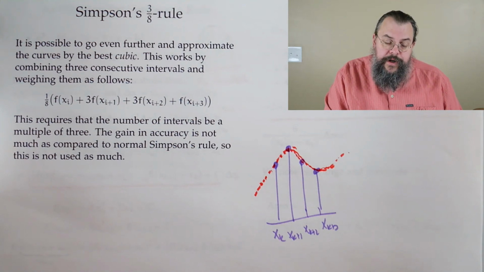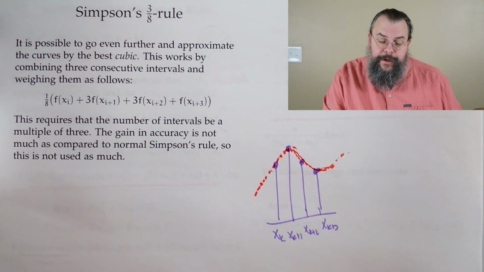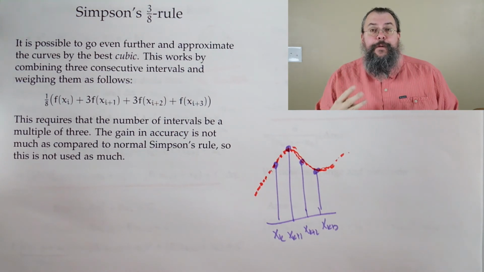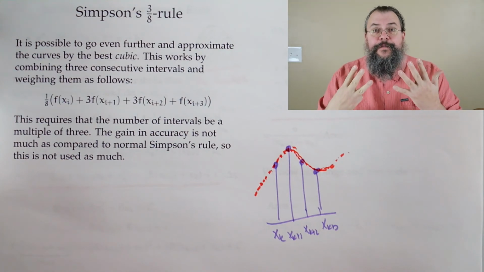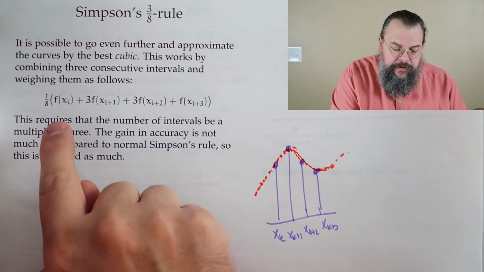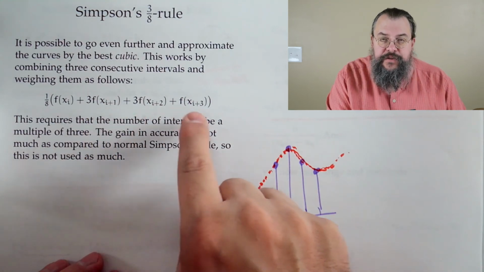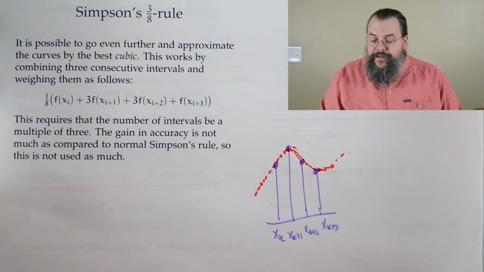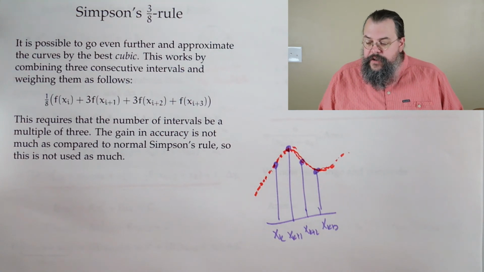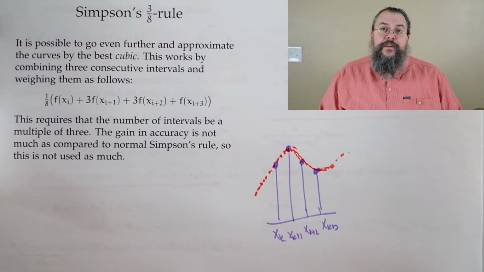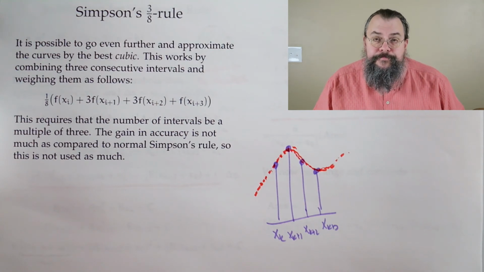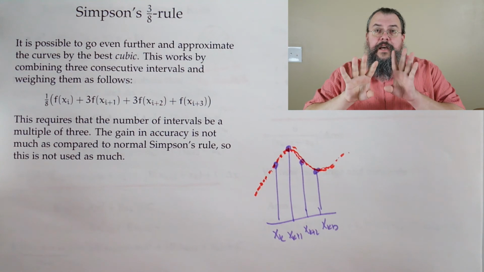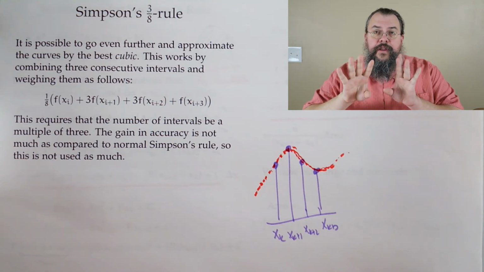Now, where does this 3/8 name come from? For every 3 intervals, I'm going to read off 8 pieces of information, because I'm going to read off 1 plus 3 plus 3 plus 1. So 3 over 8. That's where the 3/8 comes from. And now you can write down the pattern. There's a 1, 3, 3, 1, and then the next set of 3 will be a 1, 3, 3, 1.